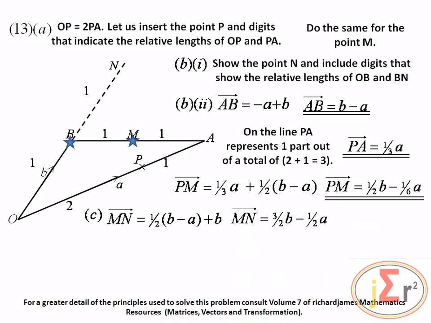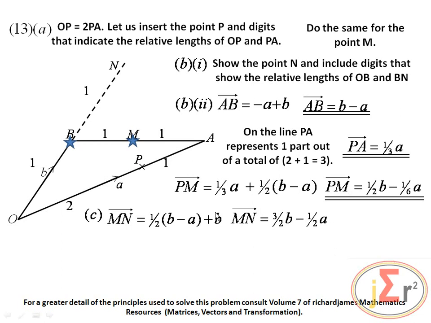We need to show that the points P, M, and N are collinear. Collinear means that they are on the same straight line. We can show that they are collinear by finding two vectors that involve the points P, M, and N. Of course, we have PM calculated here already, so we need a vector to include N. So we may find PN or MN.